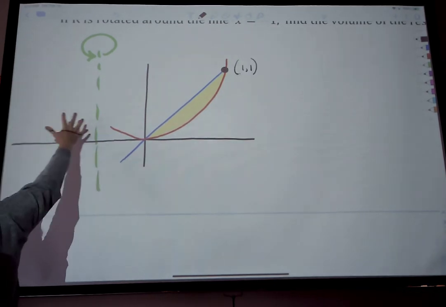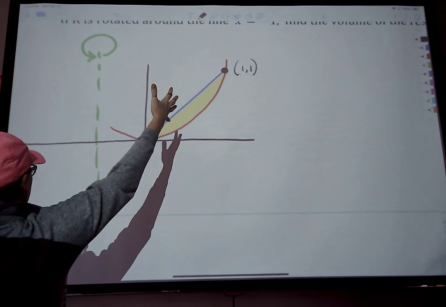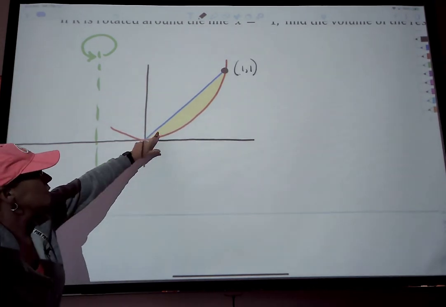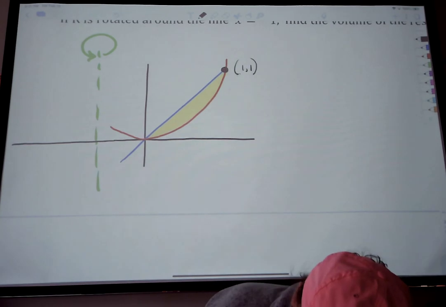It's going to go all the way around, so it's going to be a bowl shape like this. And I'm going to kind of mimic what it's going to look like over here. This helps me draw my circles.